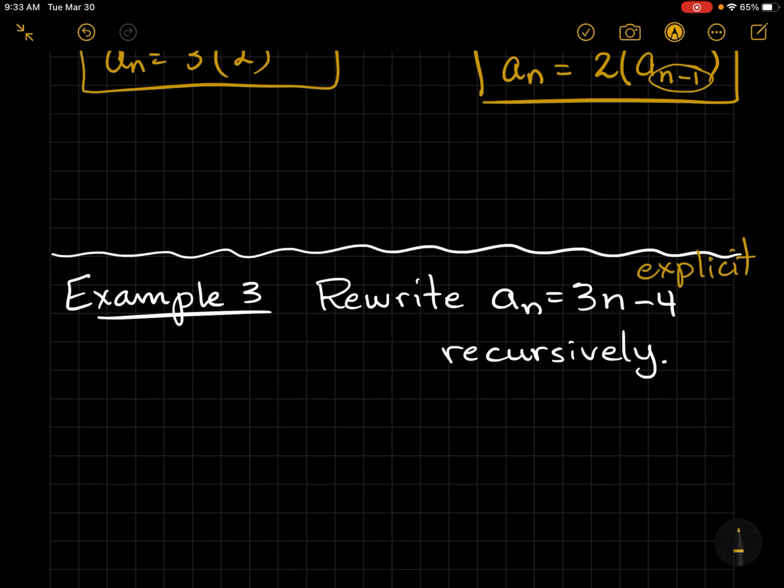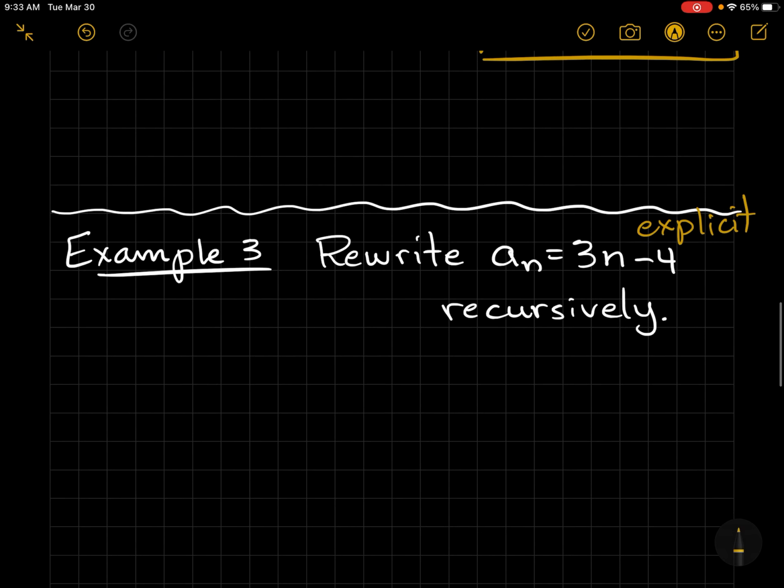So what I like to do is write the first few terms so that I can see what's going on. So if I plug in 1 to figure out what a sub 1 is, that would be negative 1. So my first term is negative 1. My next term, I'm going to plug in 2.